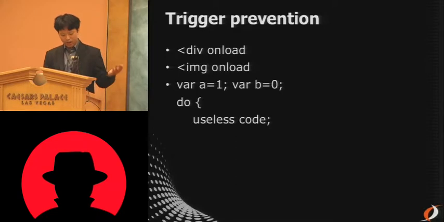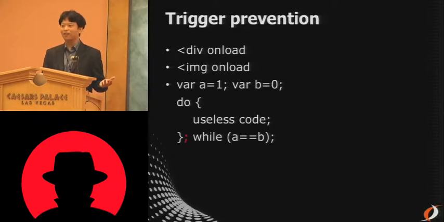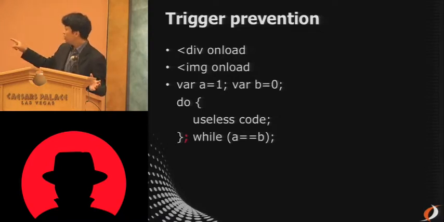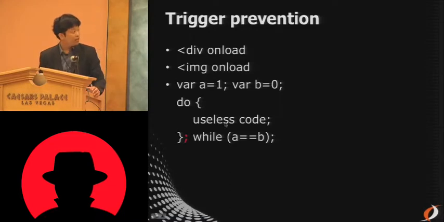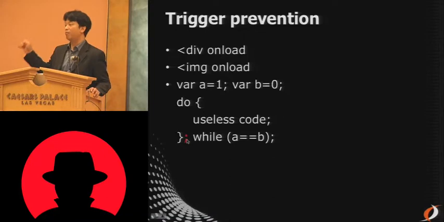So this one, do while. A lot of them use grammatical differences between IE and Firefox, or IE and available scripting engines. So in this one, there's a semicolon right here between the bracket and the while. It's not that obvious, but this is actually a grammatical mistake.